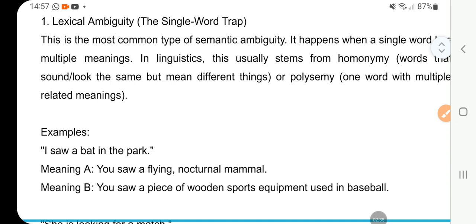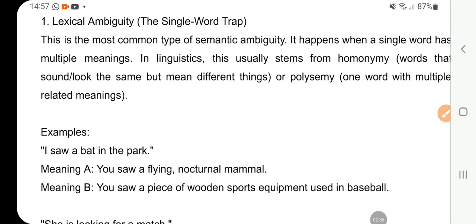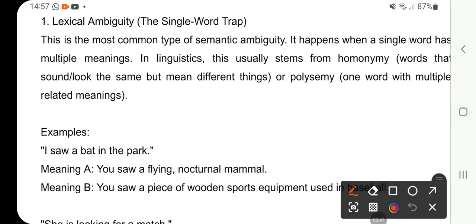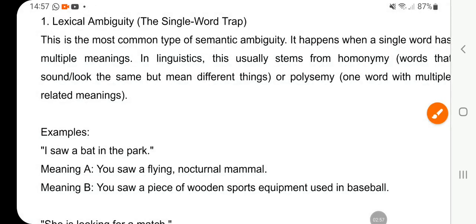This is the most common type of semantic ambiguity. It happens when a single word has multiple meanings. This is very important. This ambiguity occurs because we use the word which has multiple meanings as signifiers.